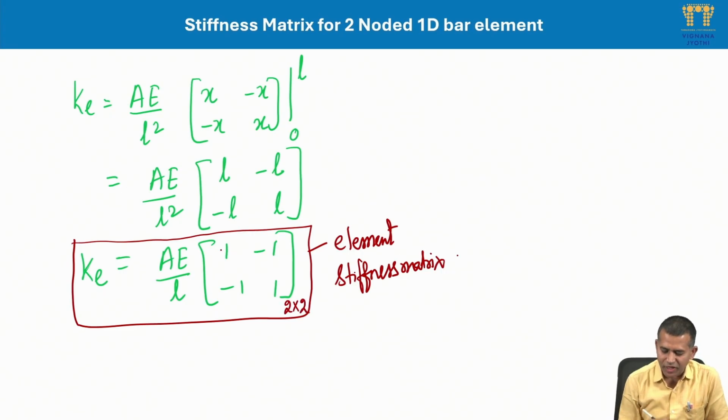And the parameters you have in that are A, E, L. A and L are basically the geometry of a given element. E is basically your material property. So the stiffness matrix is a combination of your geometry as well as the material property. So that way we derived the stiffness matrix for the 2-noded 1D bar element.